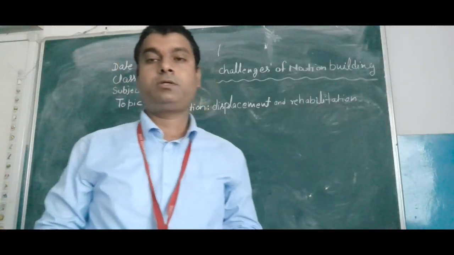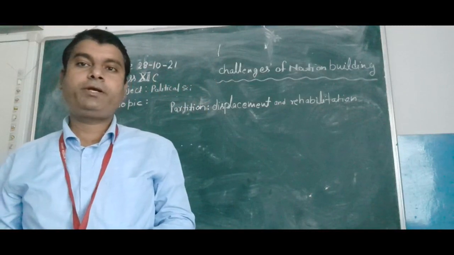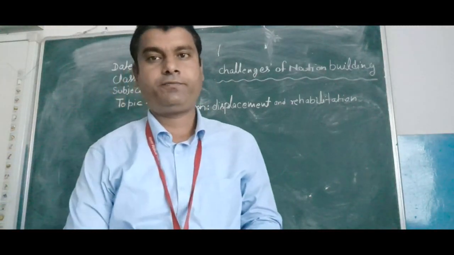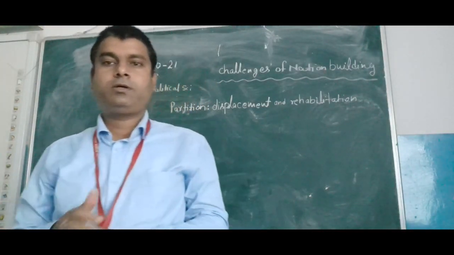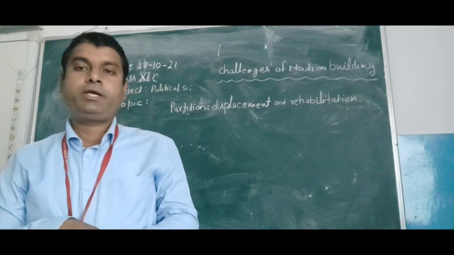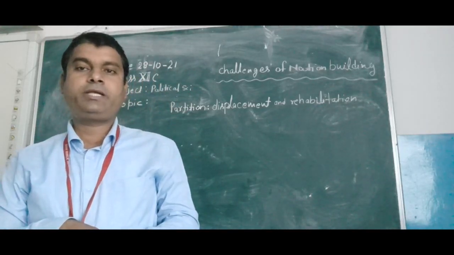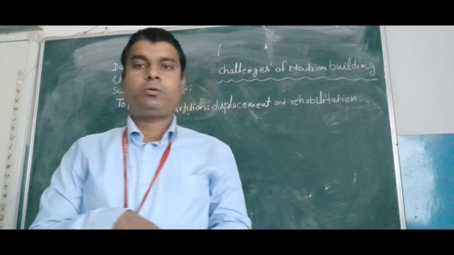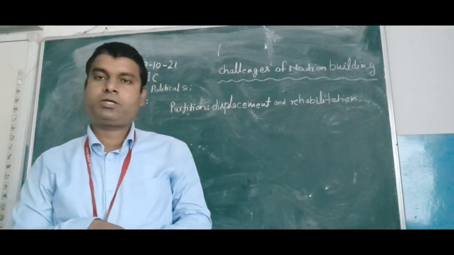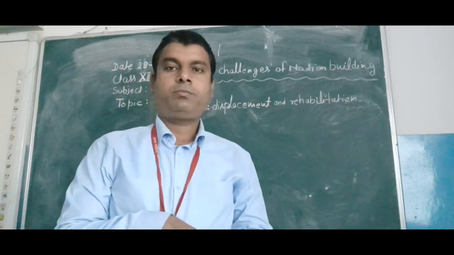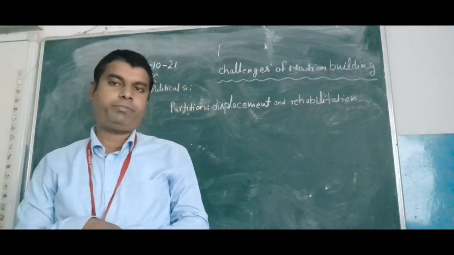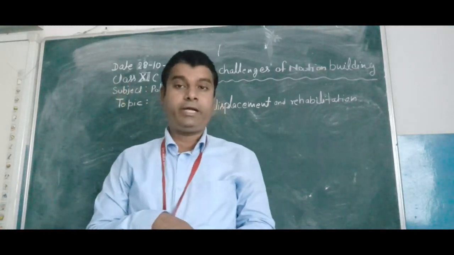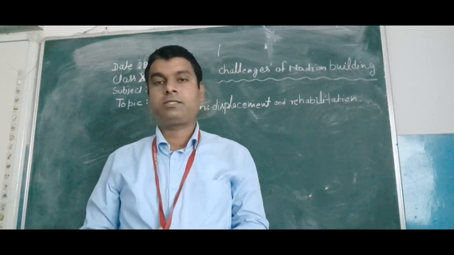Class, India got independence on 15 August 1947. After this, British India was divided into Pakistan and India. So British India was not one country, but two: India and Pakistan, class.